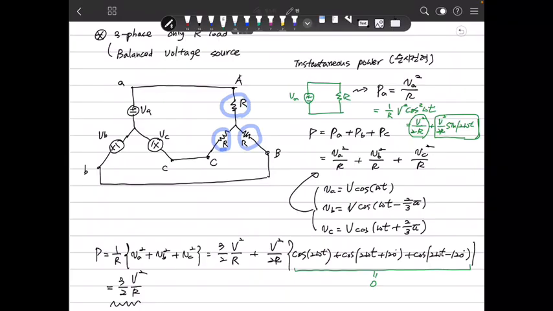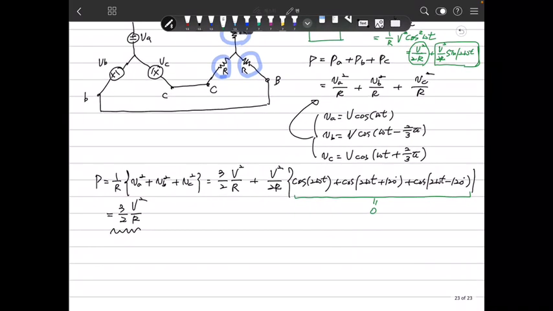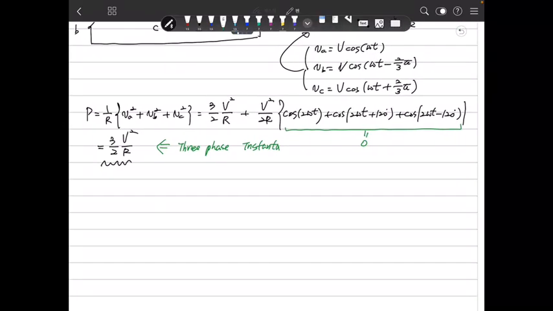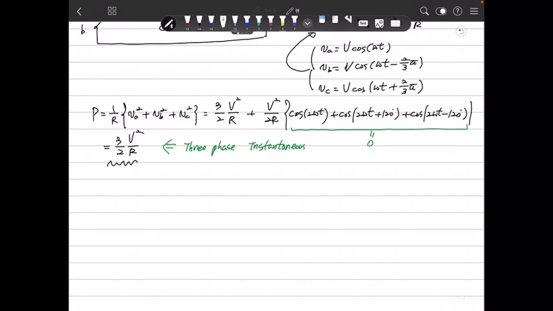But in the case of three phase, instantaneous power is constant, even though this source is AC source, in the case of balanced source and balanced load.